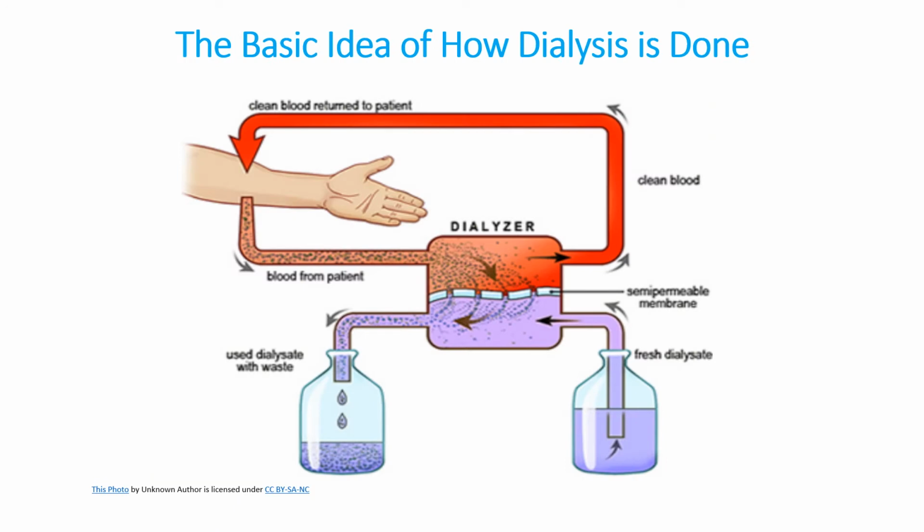Okay, I would like to show you the basic idea of how dialysis is done. You can now see from the diagram that blood from the patient enters into the dialyzer, where filtration will occur, and through filtration, the used dialysate with waste is flowed to a tube, and then fresh dialysate is introduced to serve as leading the clean blood into the body of the patient.